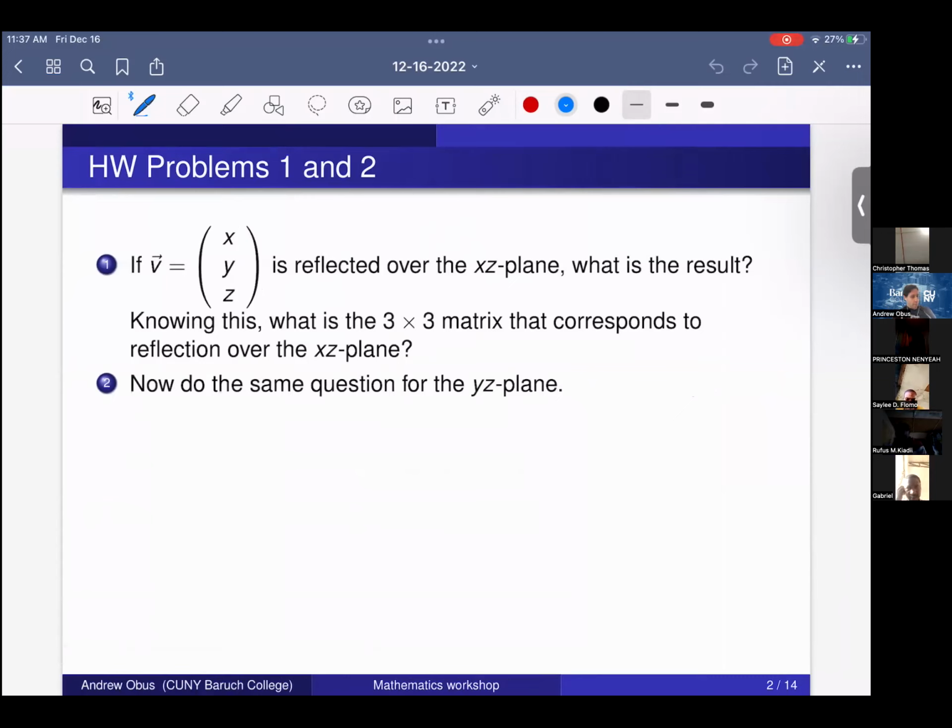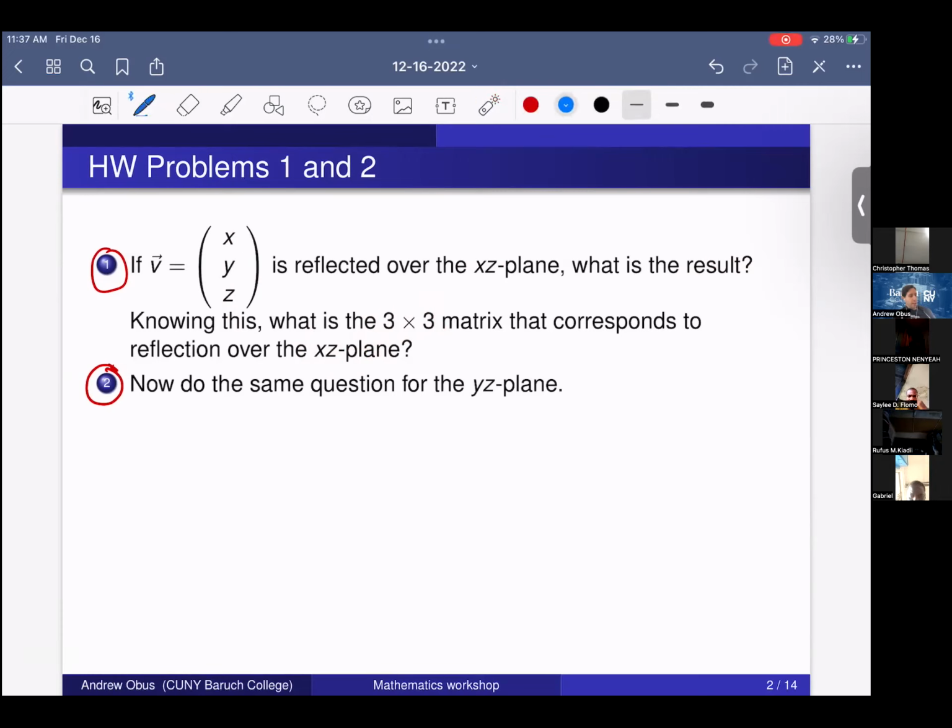There were two problems that were kind of the same problem, asking you to write down a 3x3 matrix that gives a certain geometric transformation. The first question was, if XYZ is reflected over the XZ plane, what is the result? Can we write down the 3x3 matrix for reflection over the XZ plane?